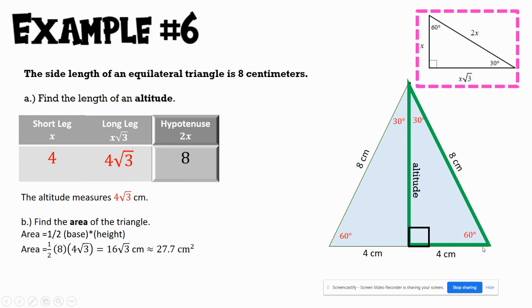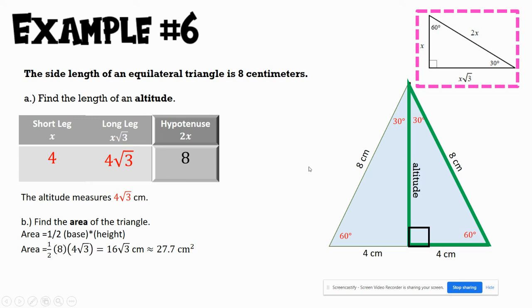And so for this, it's a 30, 60, 90 special right triangle. You knew the short leg is 4, and you know that the hypotenuse is 8. And so the long leg is just going to be whatever the short leg was, which was 4, times the square root of 3. So the length of the altitude is going to be 4 root 3.